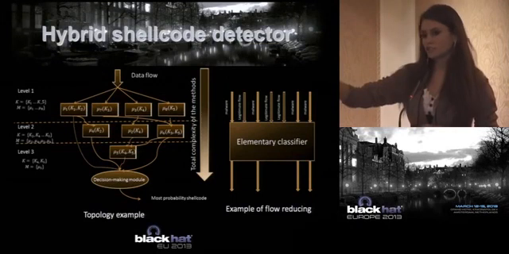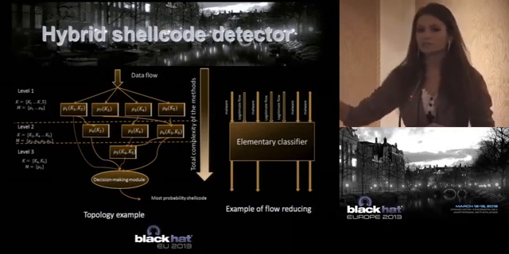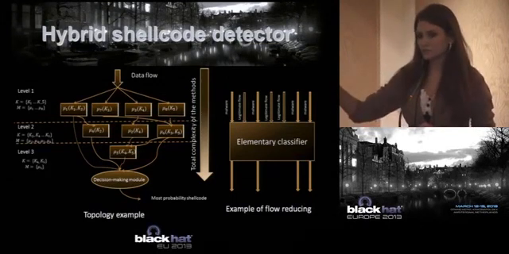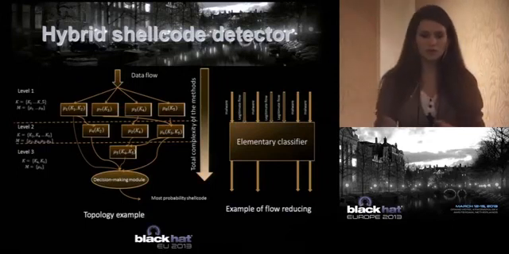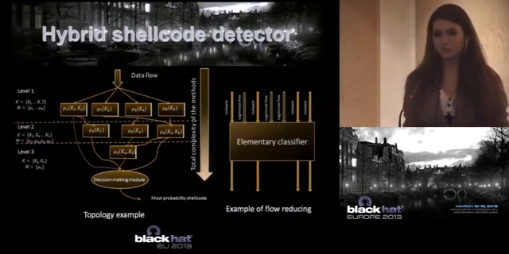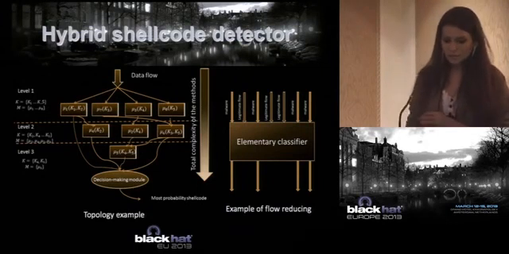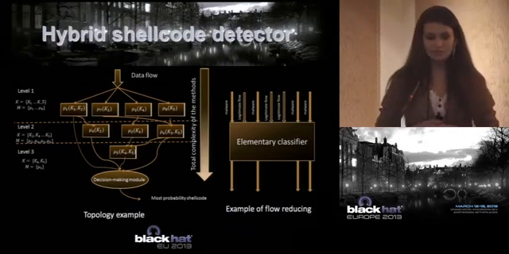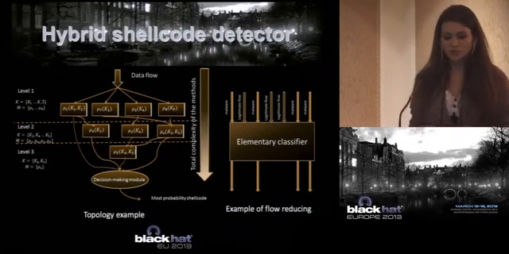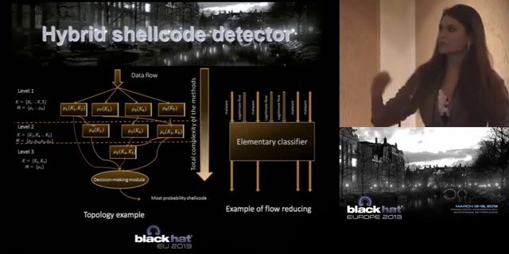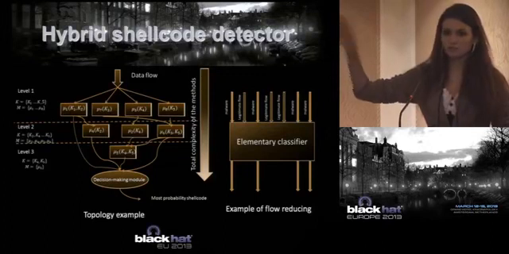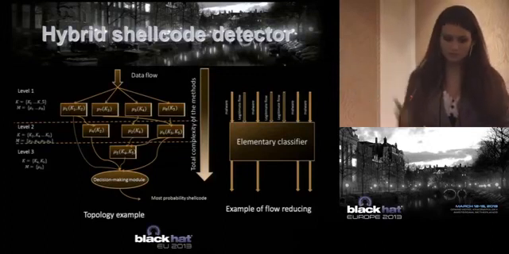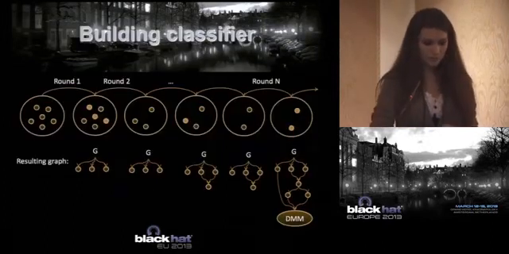But if we have a legitimate flow and an elementary classifier concludes that the flow is legitimate, we do not pass it further, so we are able to reduce the legitimate flow as fast as possible. Thus another significant idea was to put less complicated classifiers on the top of the topology, so we can reduce legitimate flow at an early stage of the tool's execution.